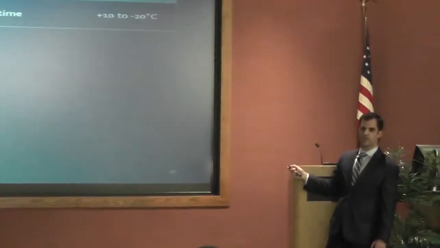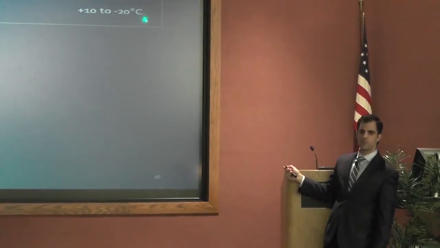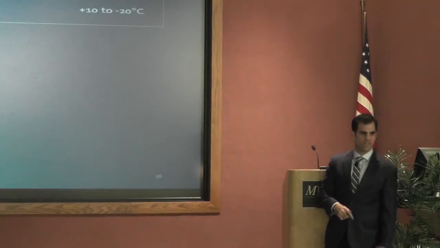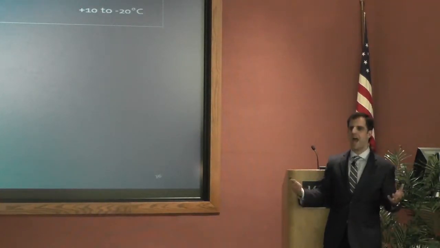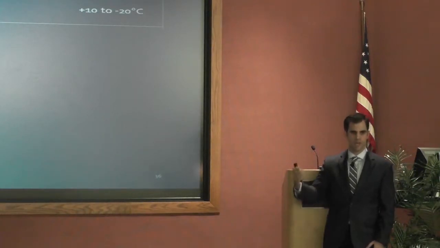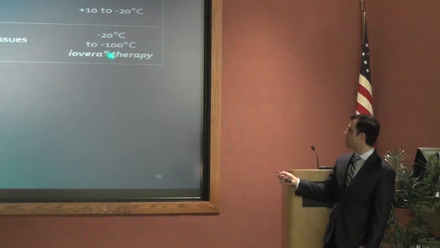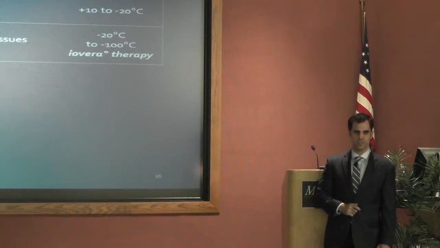When you apply 10 to minus 20 degrees Celsius, you get an interruption of the signaling in that nerve in the range of hours, 2 hours, and it comes right back. When it's minus 20 to minus 100 degrees Celsius, it's in the range of months.